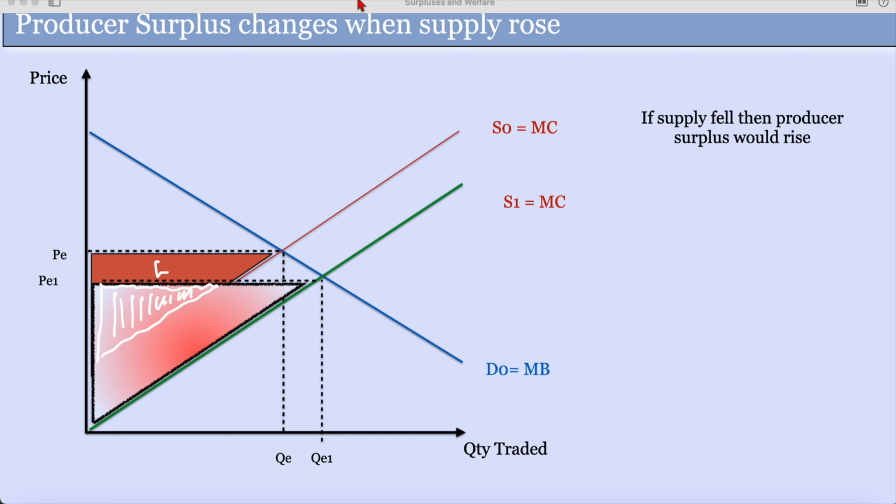This is lost because that's the old surplus, and this is gained, and so you'd have a gain overall in the surplus. So always look for the old triangle, the new triangle, and then try and find the areas which have been lost or gained to give you the change in the producer or the consumer surplus. Hopefully that's helpful.